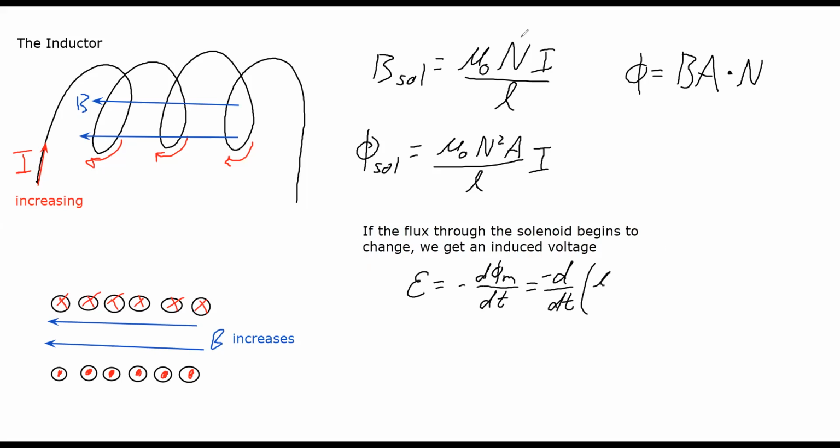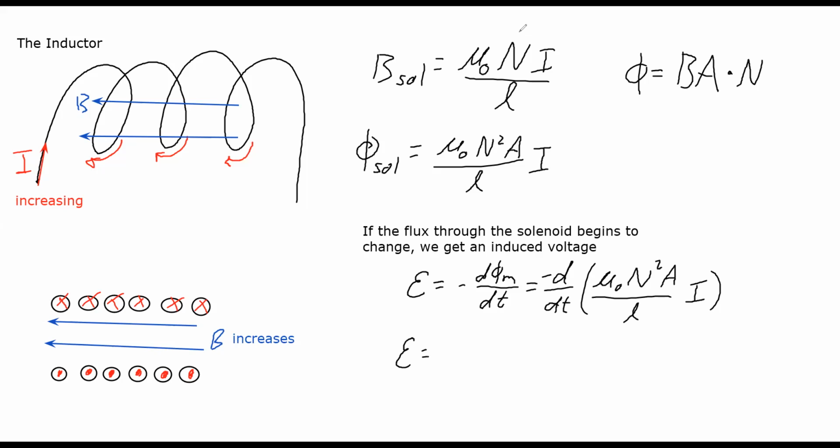So flux is mu 0 n squared A over L times I. Okay, and then this is what we get. So the d over dt there, let me make that a little bit neater here. d over dt.